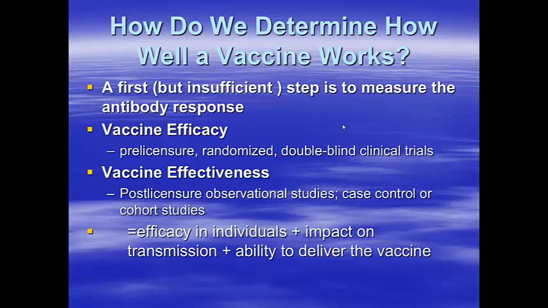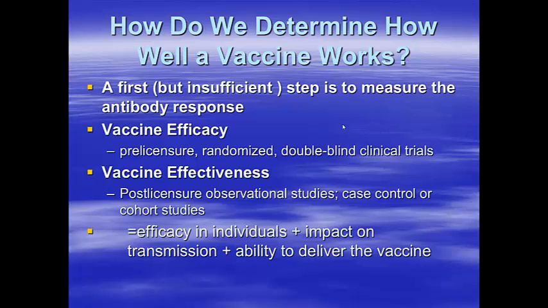So you inoculate the patient and you measure their antibody levels over time and see if you get a certain threshold which is felt to be protective against the infection. Then, of course, you need to trial that in large, expensive, randomized, double-blind, prospective clinical trials to see if, in fact, the vaccine is protecting people from real disease. So when we talk about efficacy, we're talking about the way the vaccine works under well-controlled conditions.